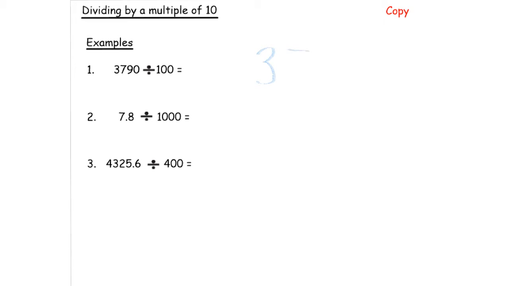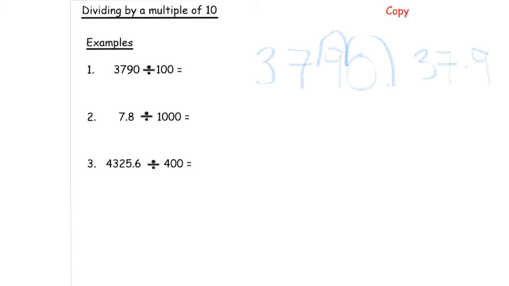Kind of. 3790 has a decimal point at the end, so you would move it back 2 jumps. 1, 2, because it's 100, which means the answer is going to have the decimal point between the 7 and the 9. So the answer for that one is going to be 37.9. That 0 on the end, we don't really need that anymore, so we can just drop it.